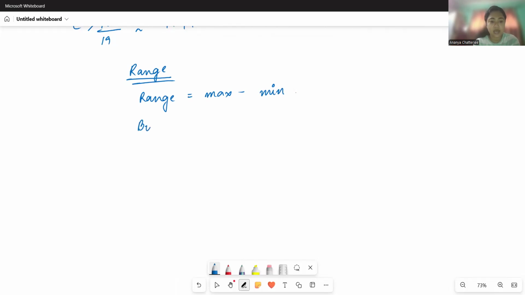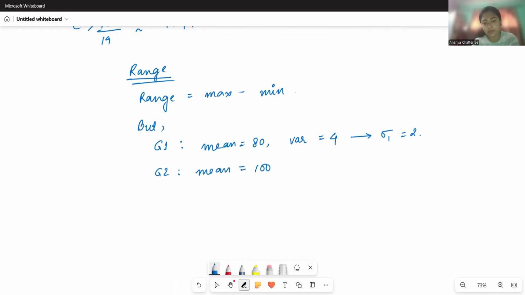But in group 1, the mean is 80 and the variance is 4, that is sigma 1 is equal to 2, and in group 2, the mean is 100 and the variance is 2, that is sigma 2 is root 2, approximately 1.41.